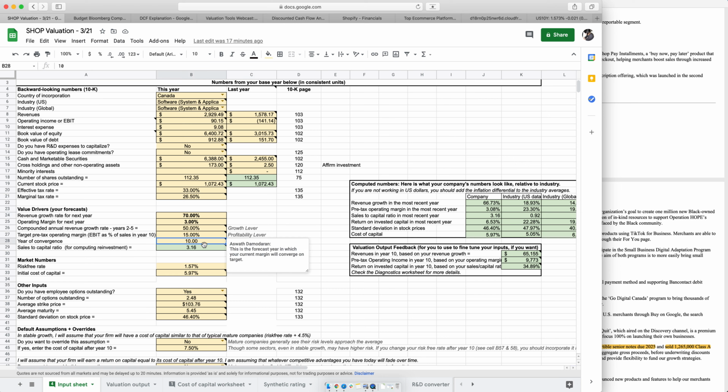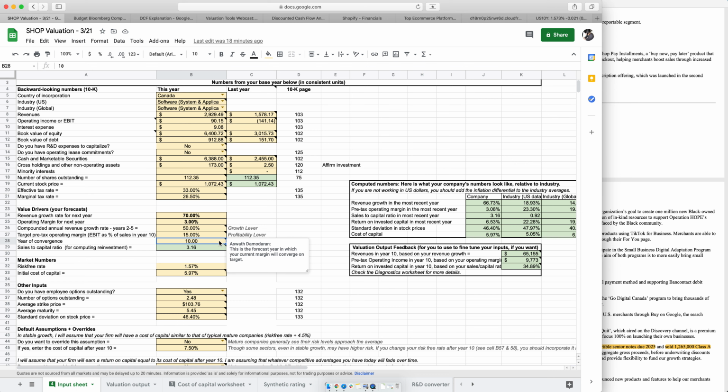This is basically saying, I've mapped out where I think it's going to go in the future, for example what margins will be in 10 years. Convergence means how fast I will get to that particular point. If I think they're going to get to 50% margins really fast, I would put something under 5, meaning under 5 years.